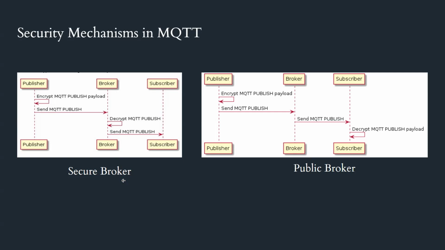We have secured that broker by using certain usernames and passwords, and we have secured the server ourselves. In that situation, we call the MQTT broker a secure broker, and it cannot be accessed by people who are not allowed to access it.